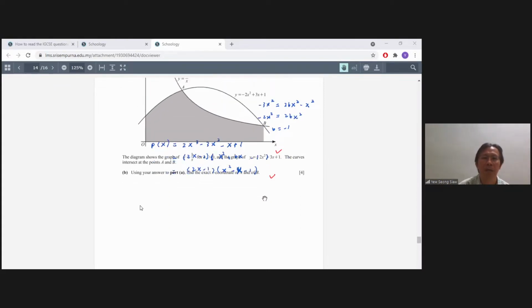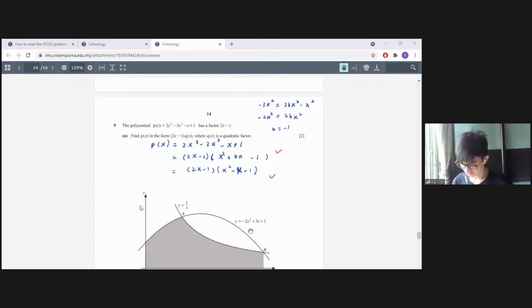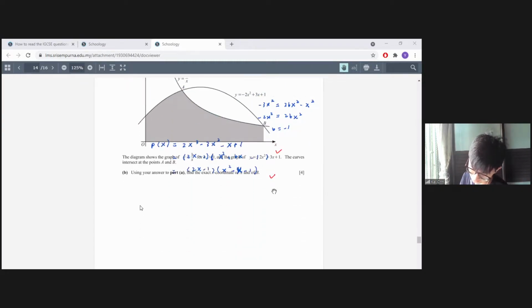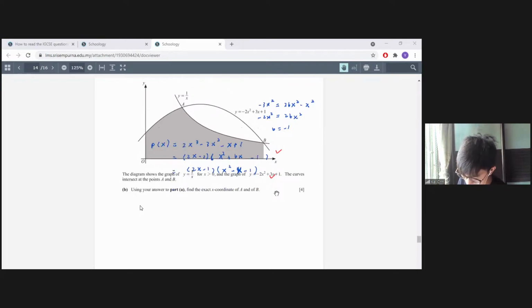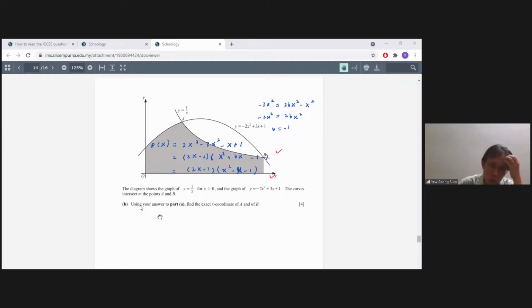How do you find, Kaion? We take the area from 0 to A, then A to B. Not yet go to area. This one is to find the coordinates of A and B.